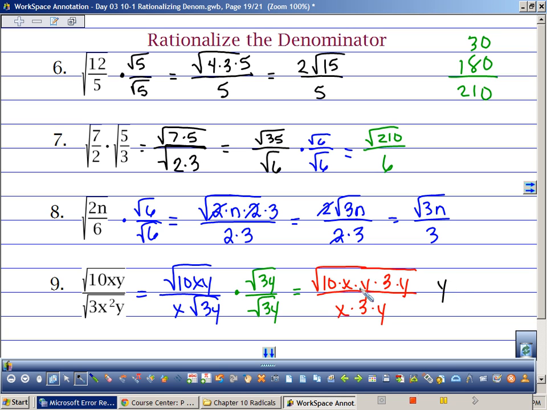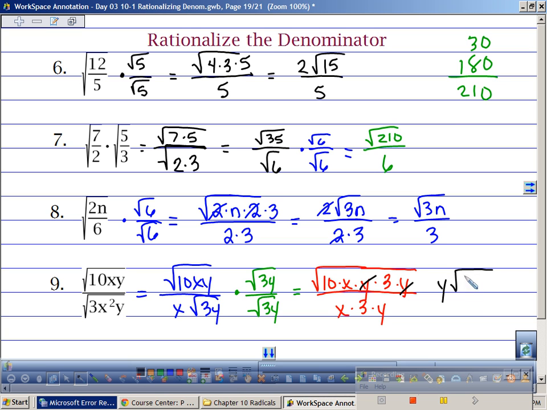Y gets kicked out. Those are gone. What else? That's it. Over, what's left over? 30x over, hold on, 3x times y, and then these cancel. And I'm left with root 30x over 3x, and we're done.